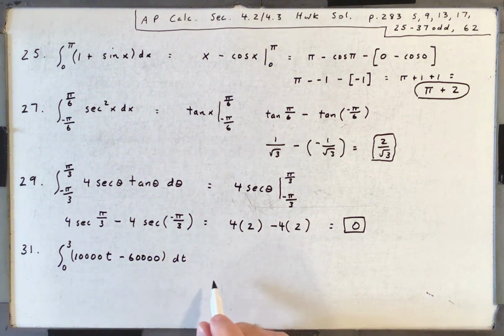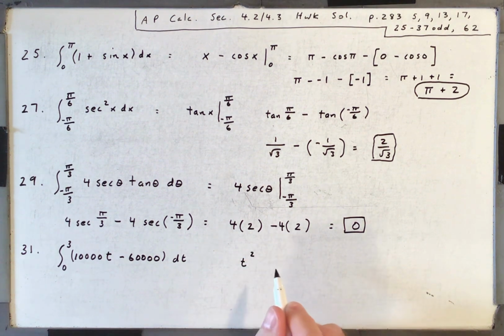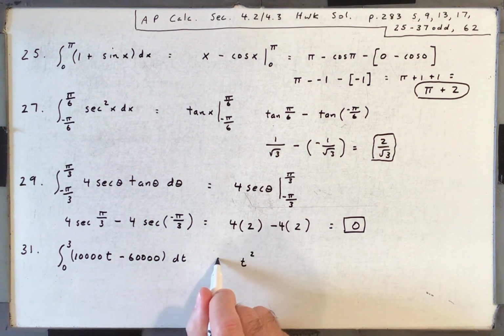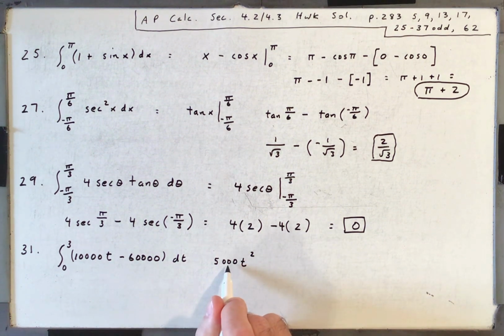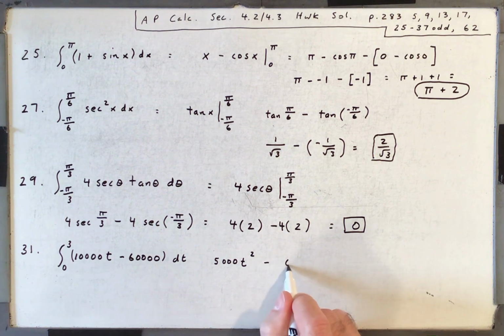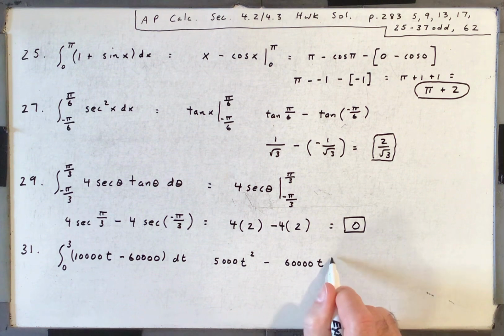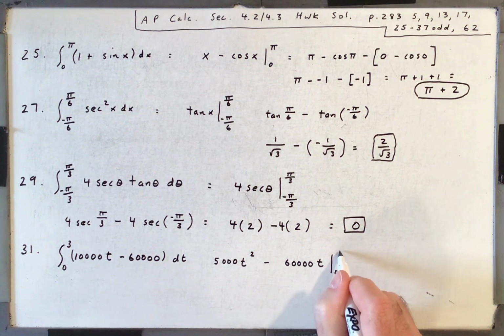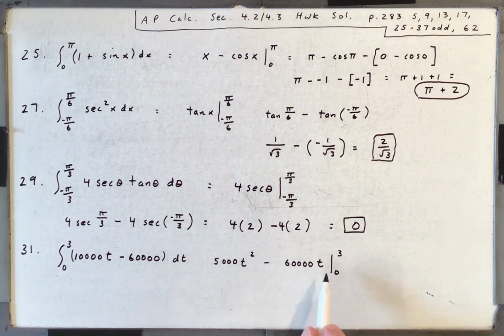So the antiderivative of that, of course, for the t, you make it t squared, and you would have a 5,000 out front, right? 2 times 5,000 would be 10,000. And then minus 60,000 t. We're going to evaluate that from 0 to 3. If you're not sure, take the derivative.